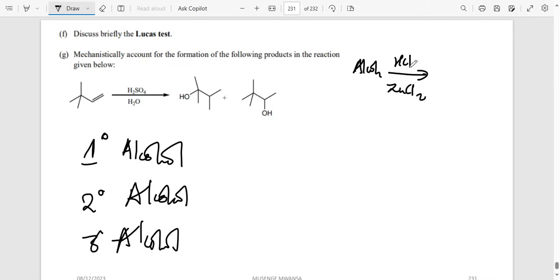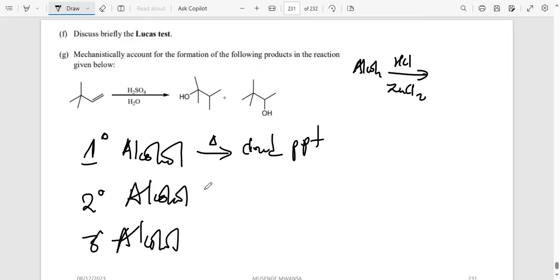This is the Lucas reagent. Primary alcohols are going to react with Lucas reagent, and they are going to form a cloudy precipitate after you heat. So on heating with the reagent, you form a cloudy precipitate.